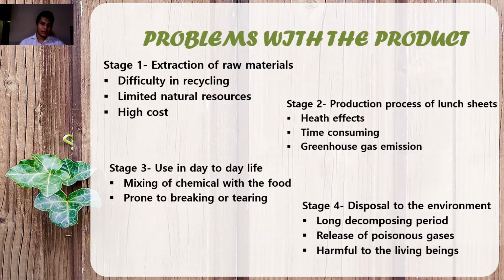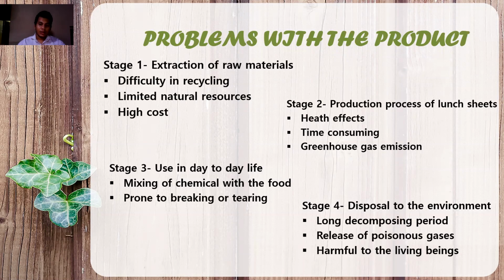Problems with the lunch sheets are categorized into 4 stages: extraction of raw materials, production, day-to-day use, and disposal. In extraction of raw materials, they are mainly extracted from crude oil and natural gas, which are limited natural resources, causing loss of natural resources due to excessive use.